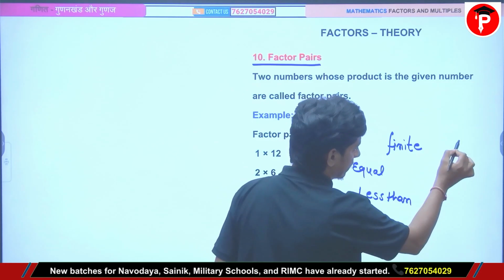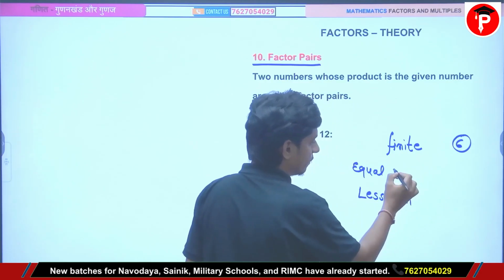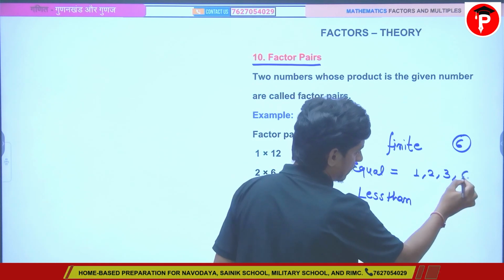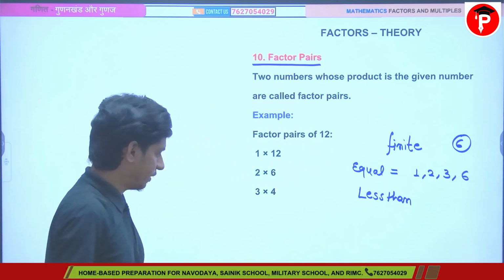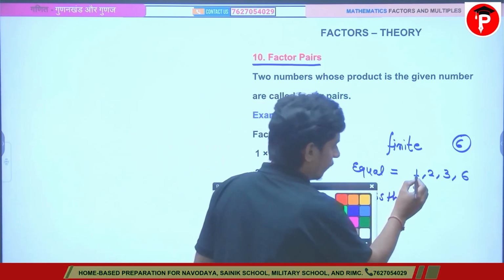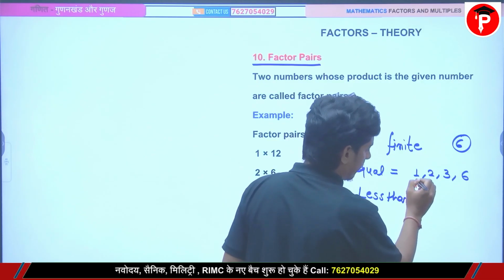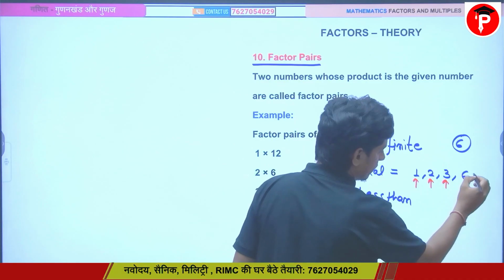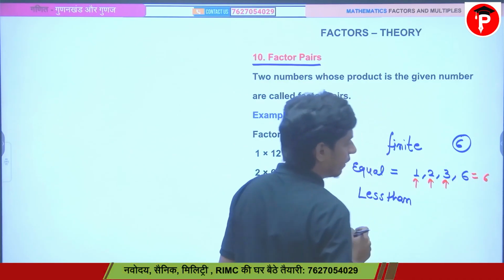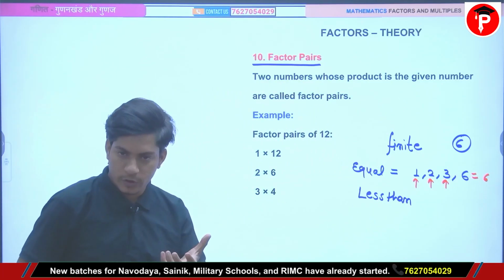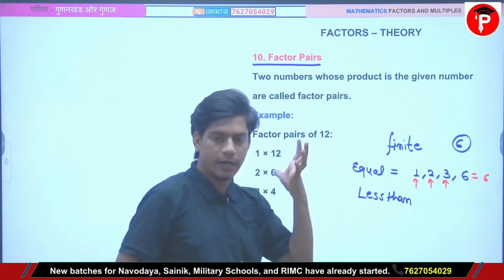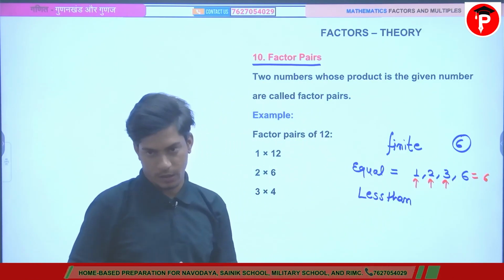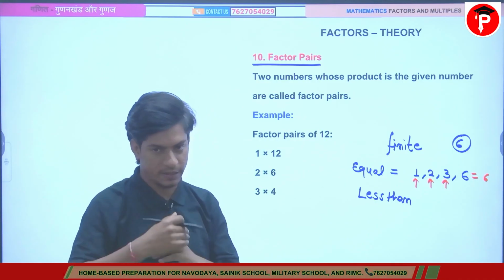If we talk about 6, the factors of 6 are 1, 2, 3, 6. Looking at these factors, 1 is smaller, 2 is smaller, 3 is smaller, 6 is equal to 6. So the factors of any number are finite, and they are either equal to or less than that given number. A factor can't be greater than that given number.